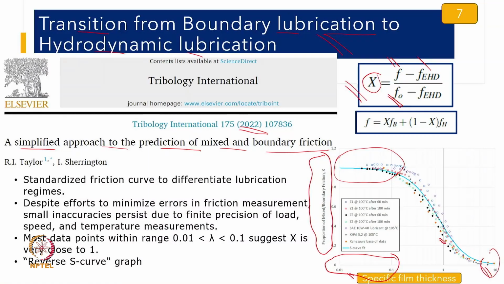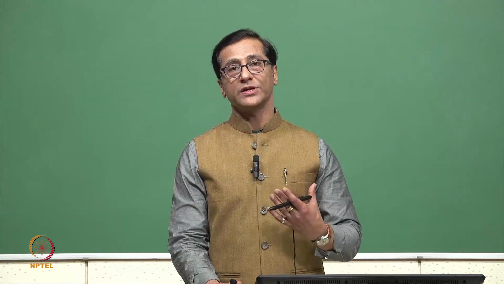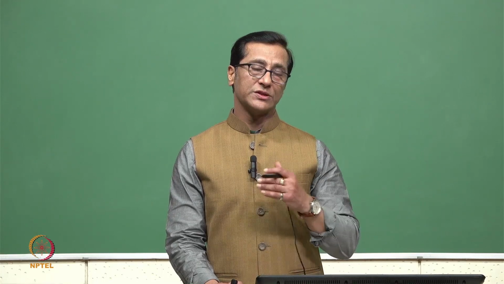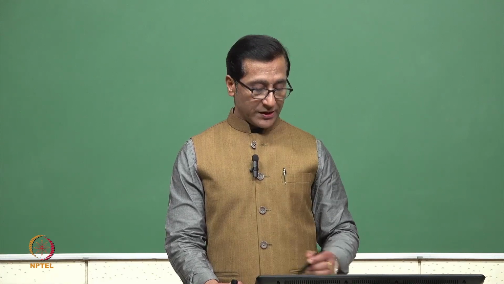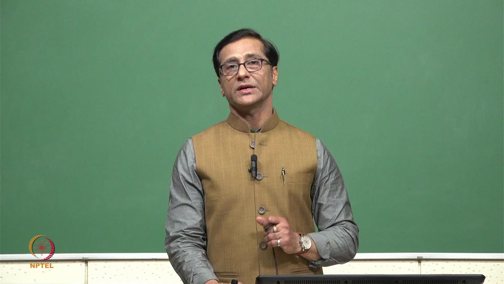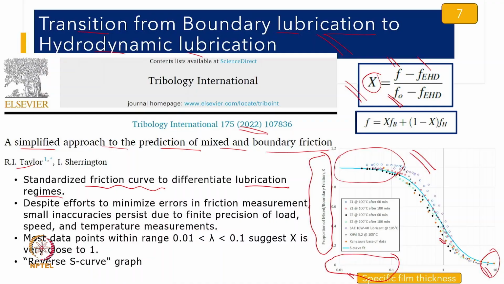However, this will vary from one setup to another setup. In this, Taylor has given that we can go ahead with a standardized friction curve to differentiate lubrication regimes. If we want to know classical lubrication, when shall I use hydrodynamic, when shall I use elastohydrodynamic, when shall I use mixed lubrication, we can plot this kind of curve, figure out what is the operating range where that is really happening, and we can calculate based on that.